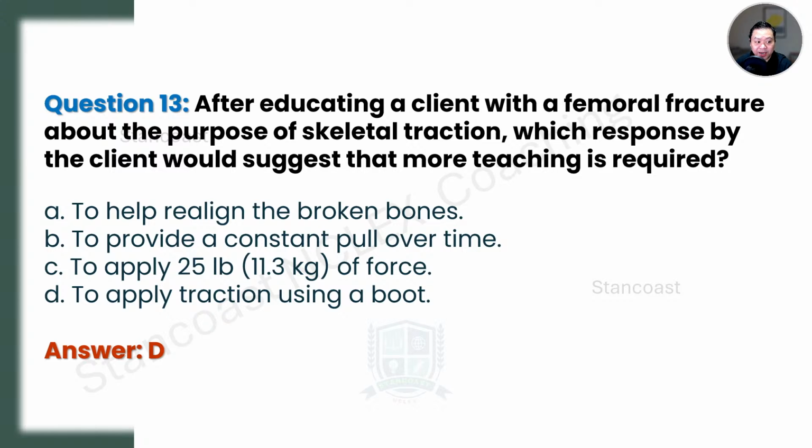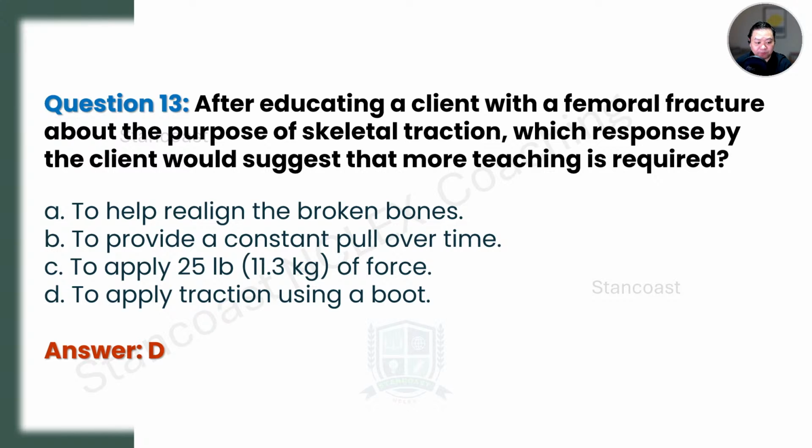Another device that will be used in a skeletal traction is the balanced suspension. This is used together with the skeletal traction, which will support the leg in a sling while the weights maintain proper alignment of the femur. So it will allow some movement while keeping the leg aligned and in traction.